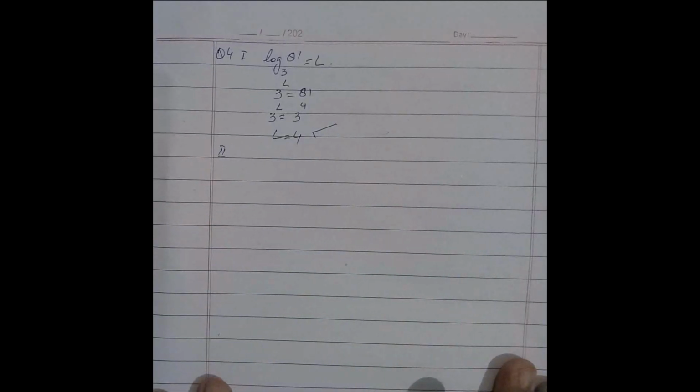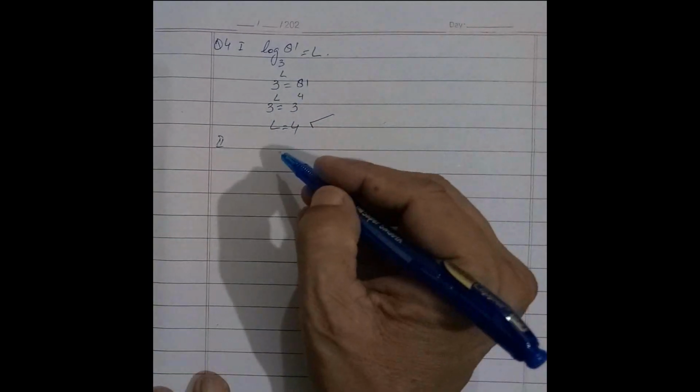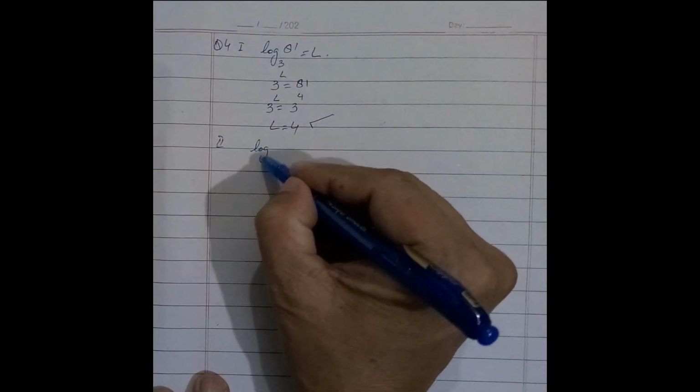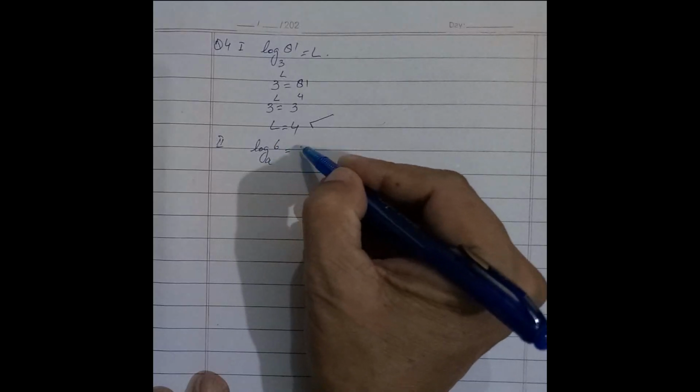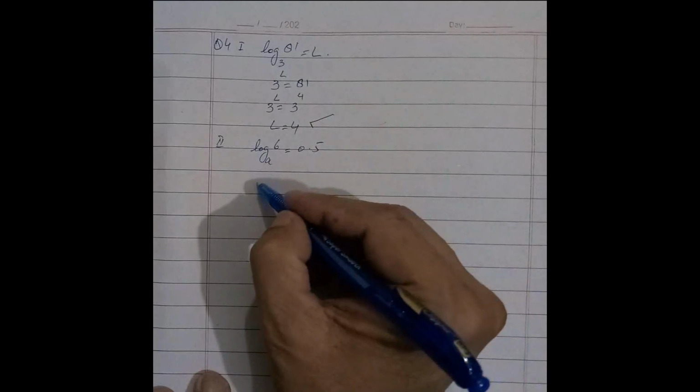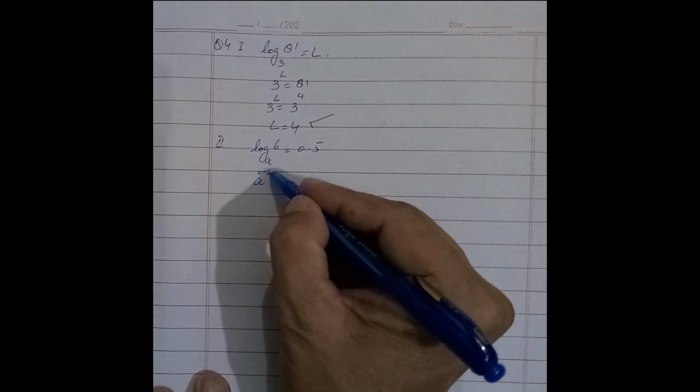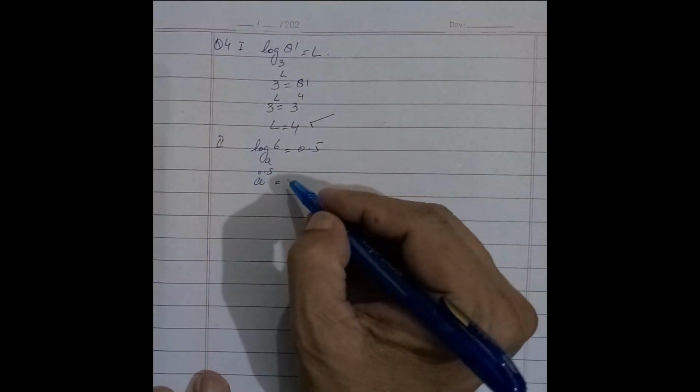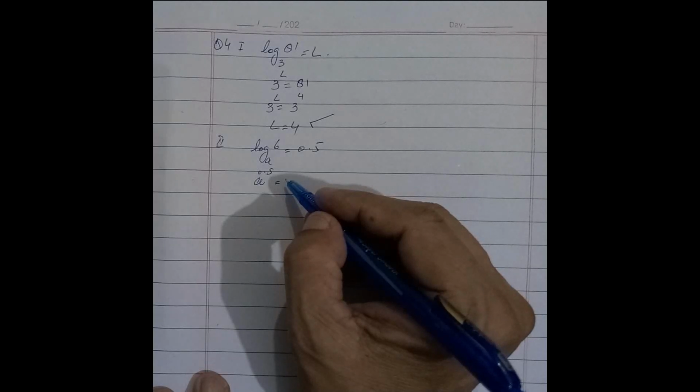The next second is log 6 base A is equal to 0.5, and we write it as A's power 0.5 is equal to 6.